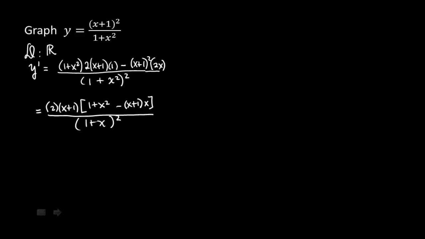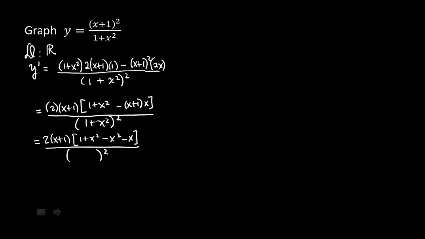Next, keep going and look at what's on the top. We take 2 times x plus 1, and that becomes 1 plus x squared, minus, if you distribute the x, we've got x squared, and you distribute the negative, you have minus x, over the square of the bottom.